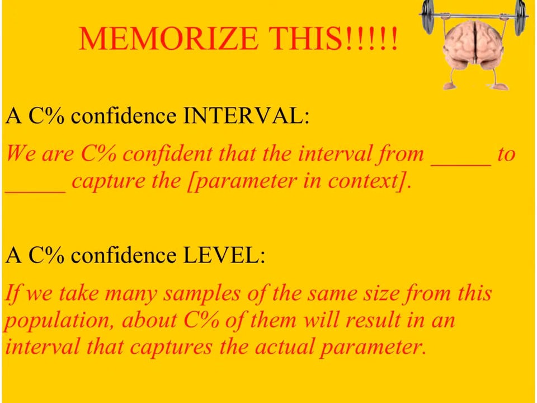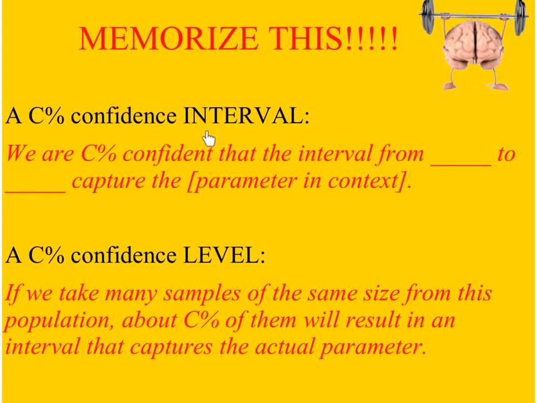Okay, so let me say that whole sentence. We are 95% confident that the interval from 0.4 to 0.44 captures the population proportion that plan on going to a 4-year college. So this is building an interval and saying, I believe it is between these values.